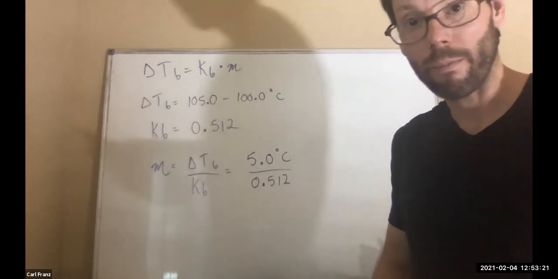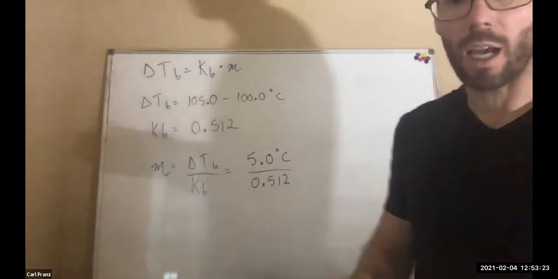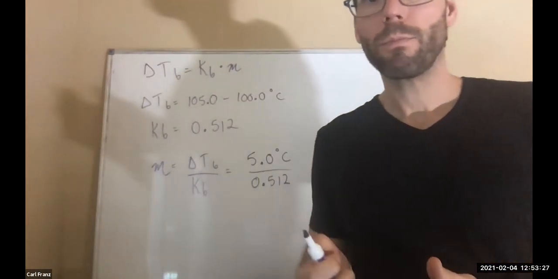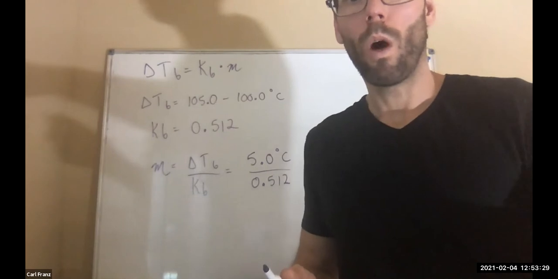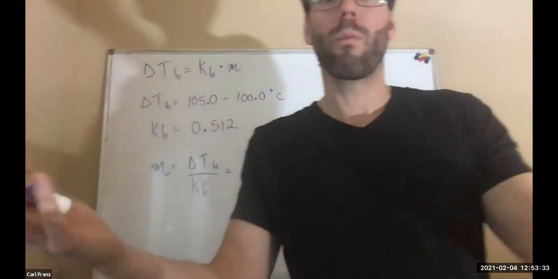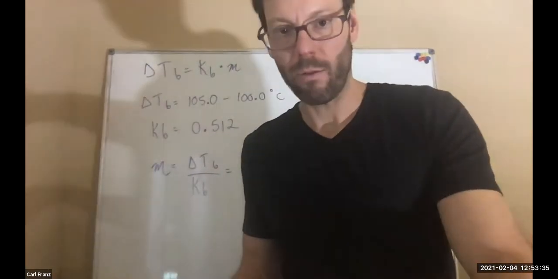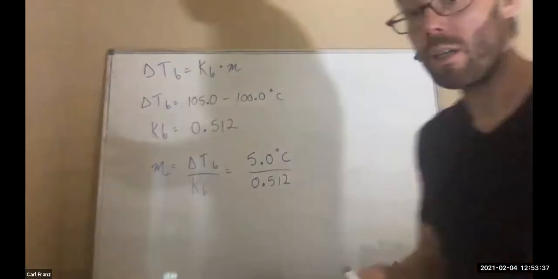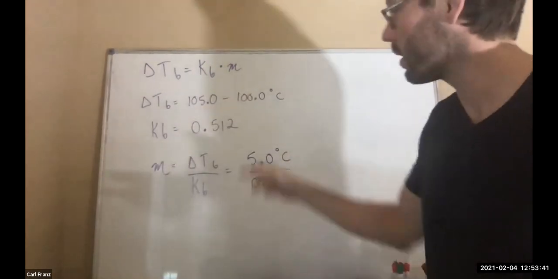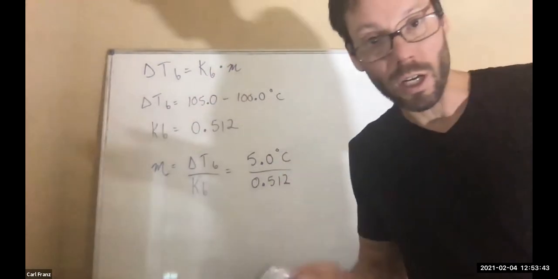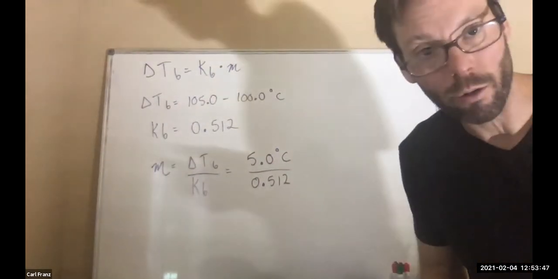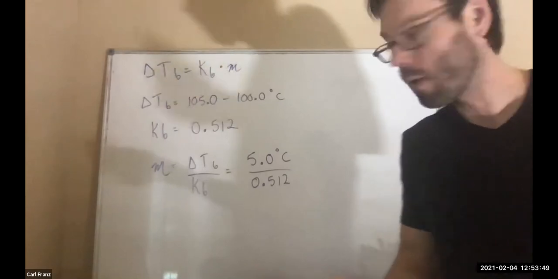So I'm going to backtrack. It says the solution of water now boils at 105, right? So our delta T is 105.0 minus what it normally boils at, our initial temperature, 100. So that's going to be 5.0 degrees Celsius is our delta T.